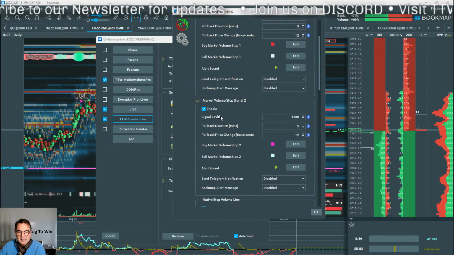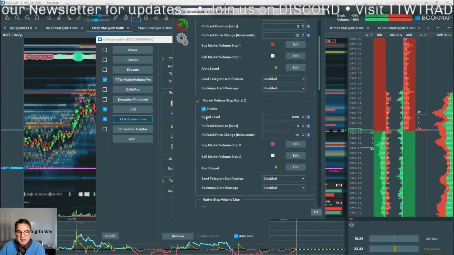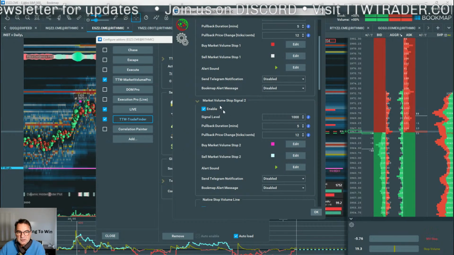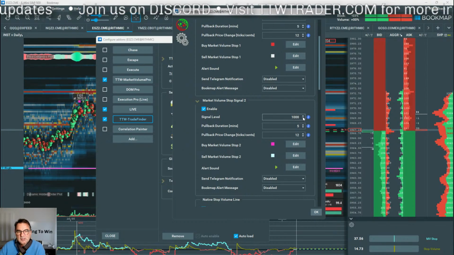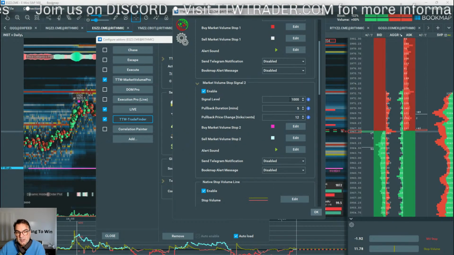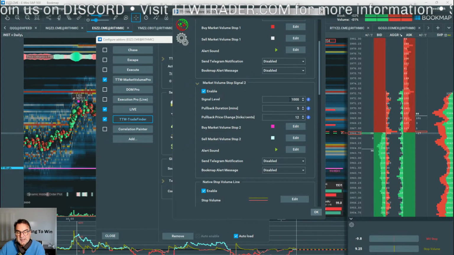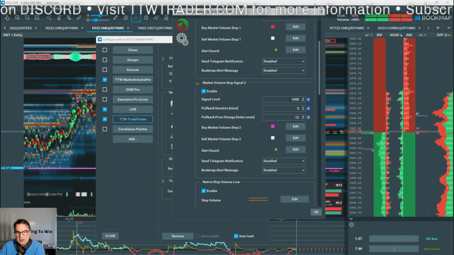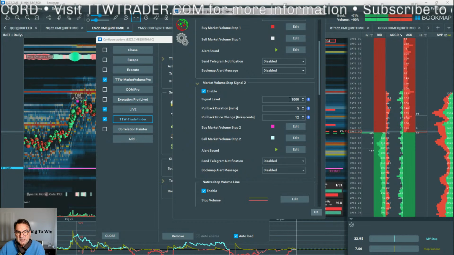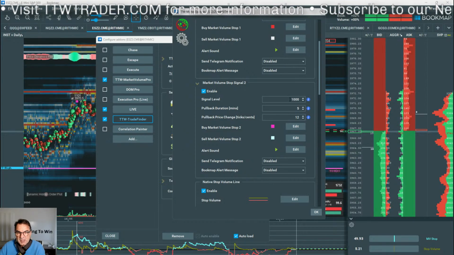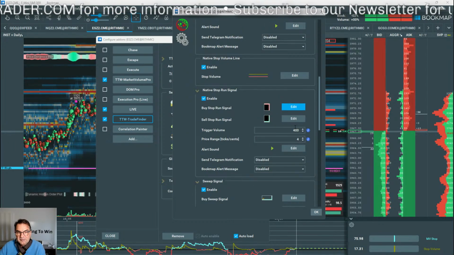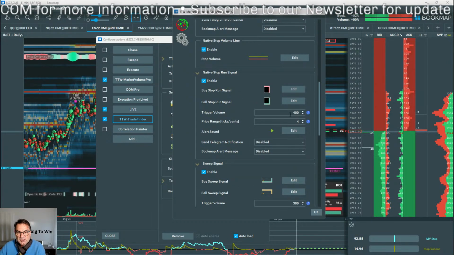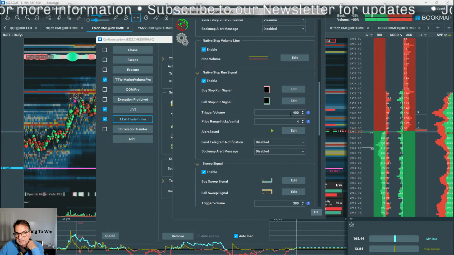Then I'm trying to catch bigger signals or volume signals here. That means I have set 1000 for signal 2. You can as well set 1100, but based on the low volume we are seeing right now, I think 1000 is okay. And the native stop run signal is 400 on my side.